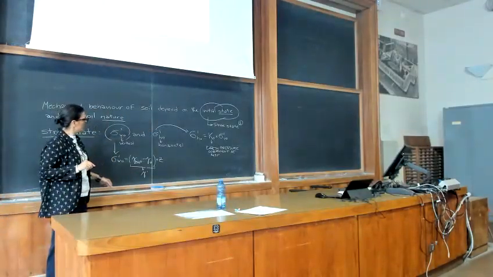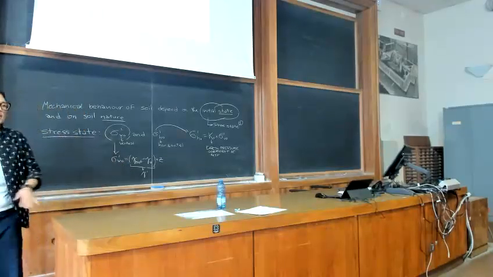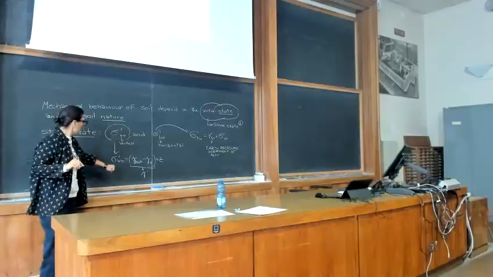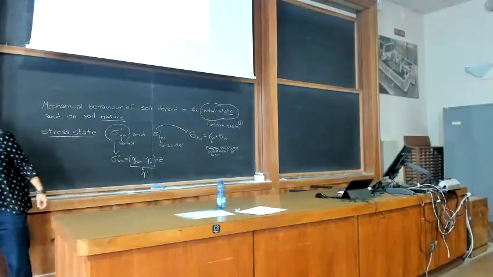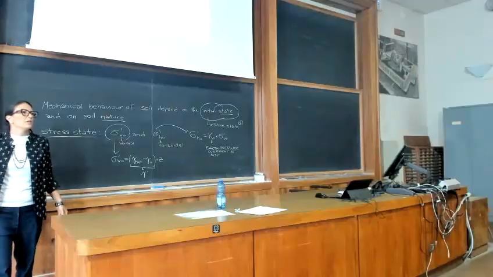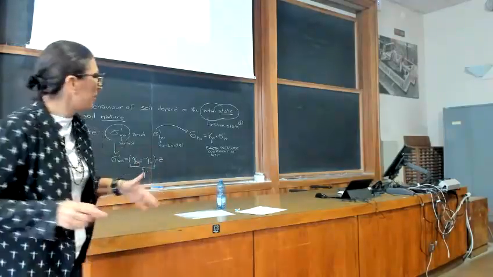So remember that if you need effective stresses, you can go immediately to this formula or start from the total and pore pressure values of stresses and then make the difference. It's up to you.